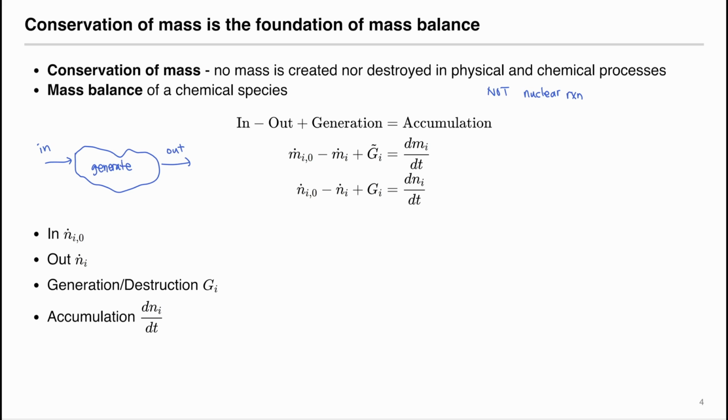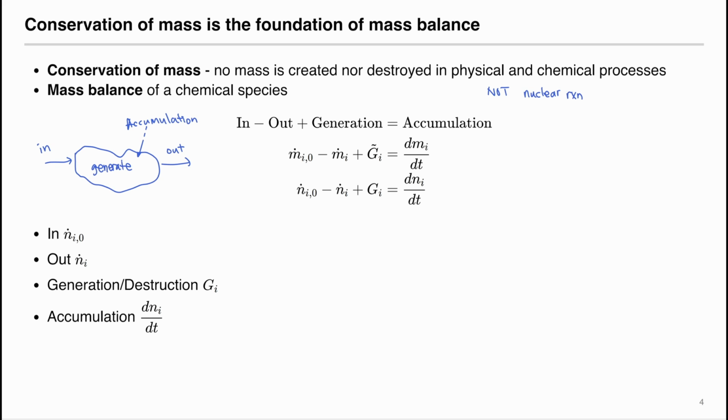And there can be accumulation within the control volume. Note that the accumulation is not specifically anything going in or out or generated. It is the inlet minus the outlet plus the generation, and that equals what's accumulated within the control volume. This mass balance is the foundation for chemical engineering, where in minus out plus generation equals accumulation for mass.